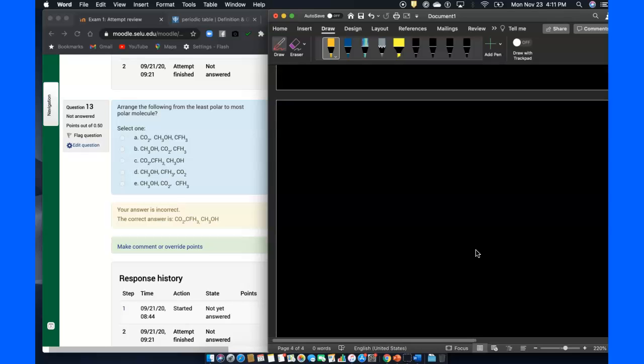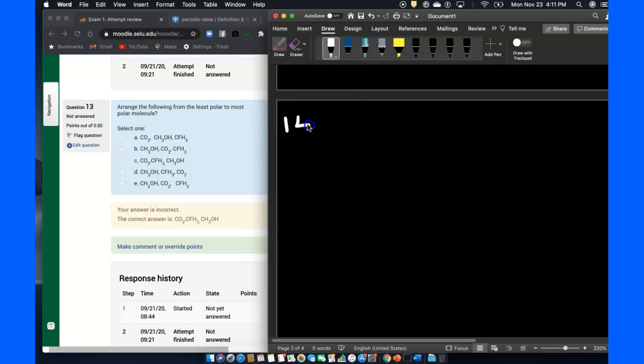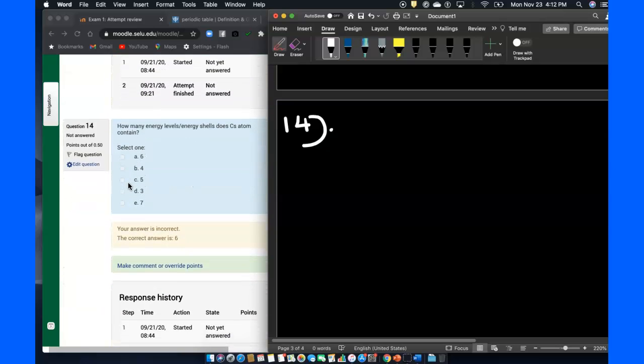All right, so let's continue with the next question, which is question number 1-4. How many energy level shells does cesium atom contain? So that's a periodic table question. I think it should be in period 6.